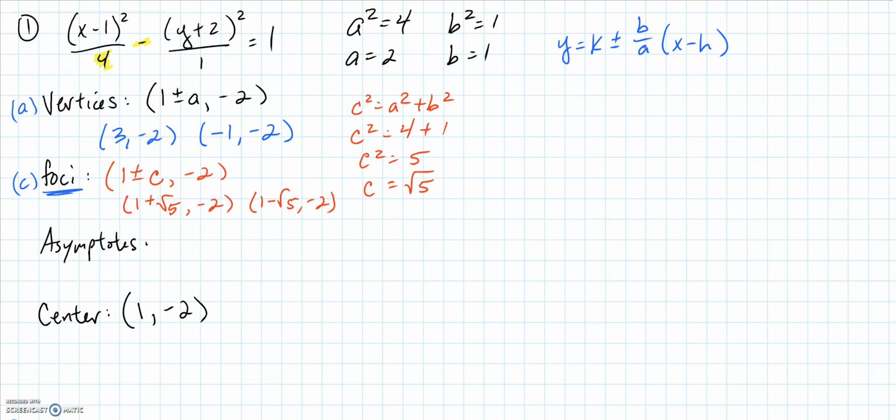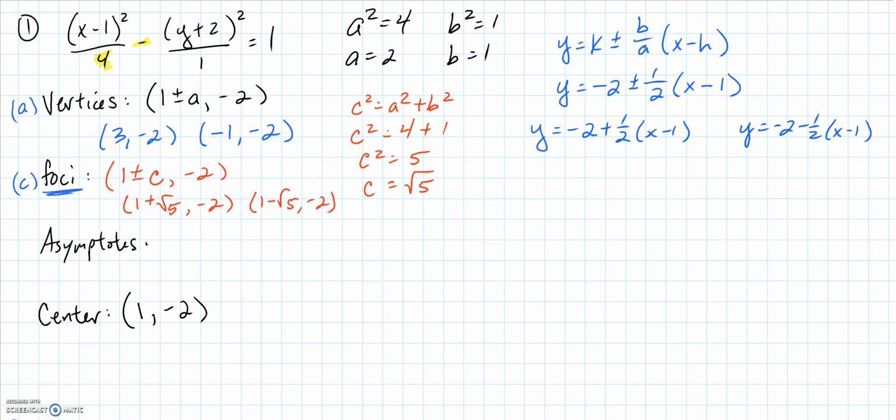So if I just start plugging stuff in, y is equal to negative 2 plus or minus b was 1 over 2 times (x minus 1). So that's going to give me two lines. y is equal to negative 2 plus 1 half times (x minus 1), and y is equal to negative 2 minus 1 half times (x minus 1).